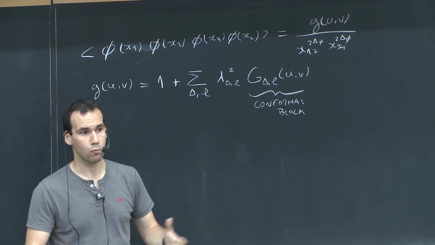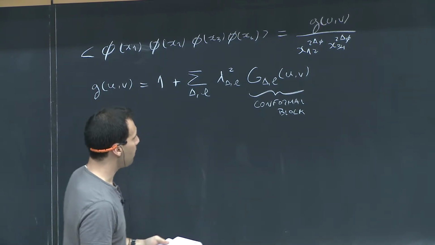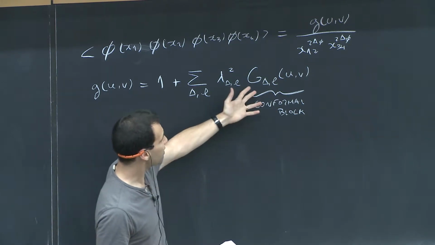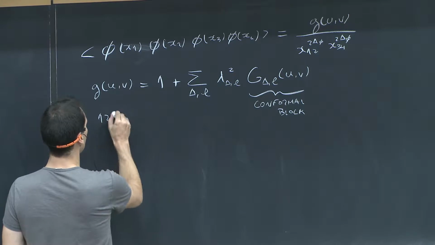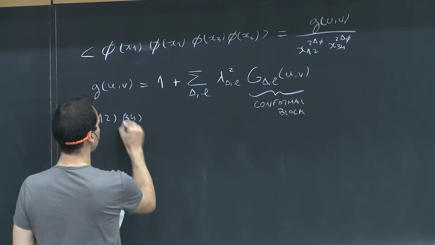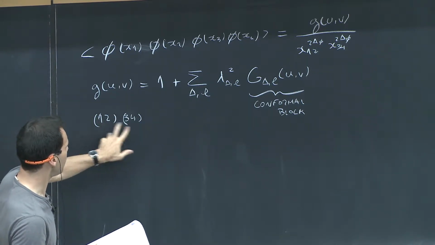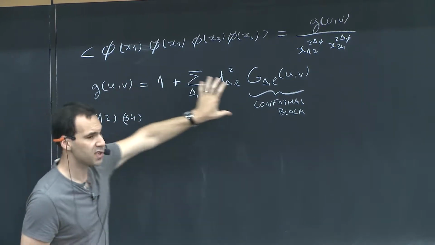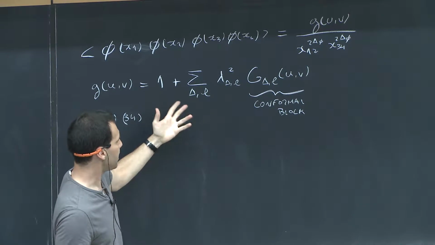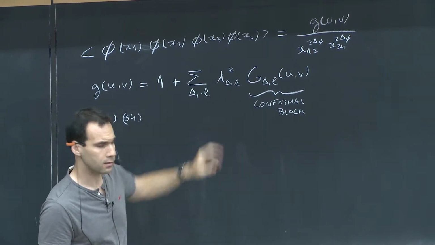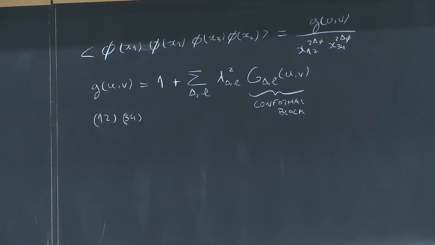So you can just compute them once and for all. And this is the expression that is appropriate for the decomposition when you do the OPE 1, 2, 3, 4. Okay? So you multiply operators 1, 2 and operators 3, 4. So this is a representation of the 4-point function. And we'll see shortly that it's a very nice representation. It converges quite fast. Again, this is not a formal expression.